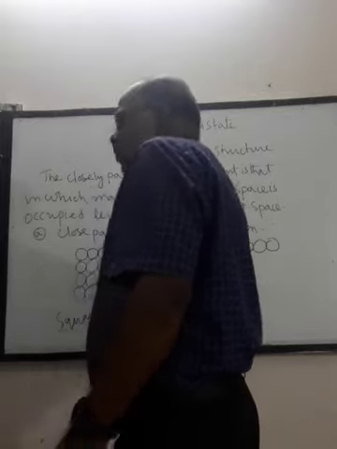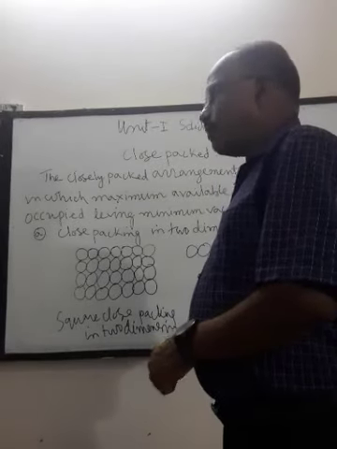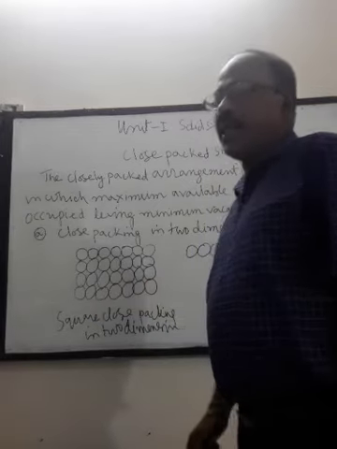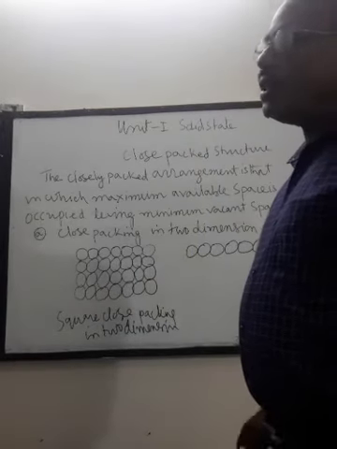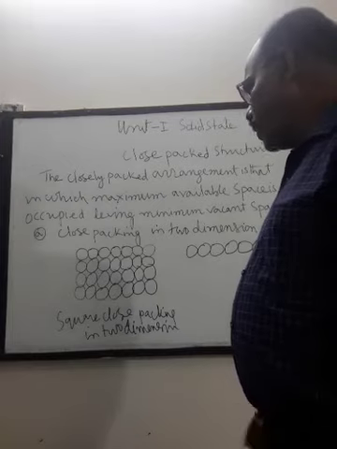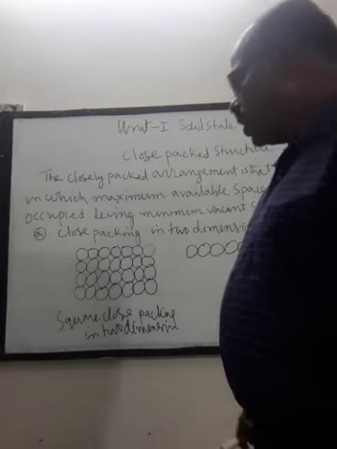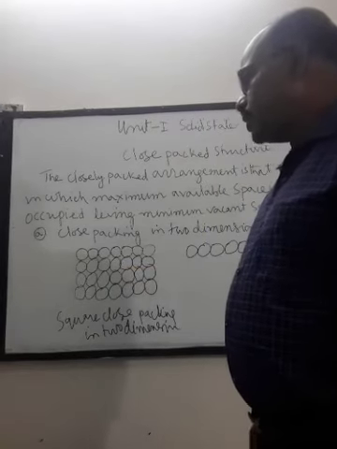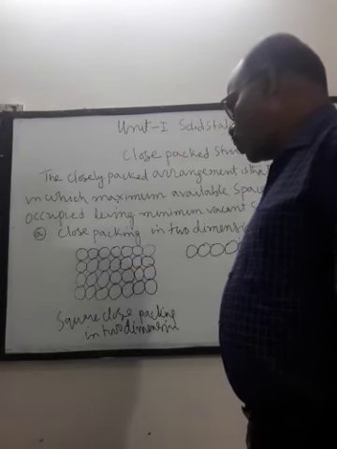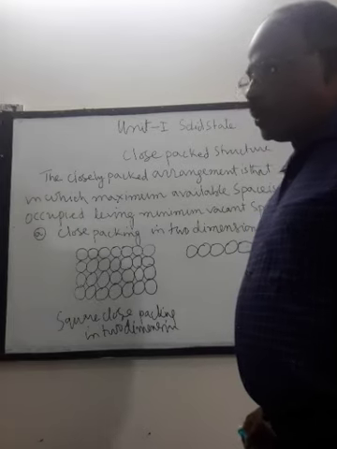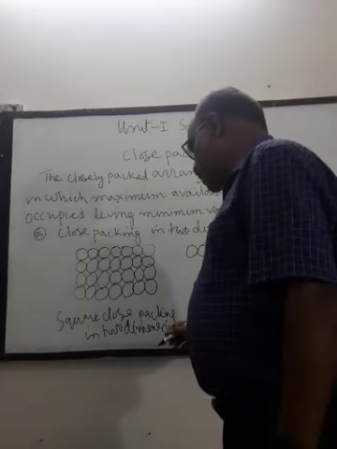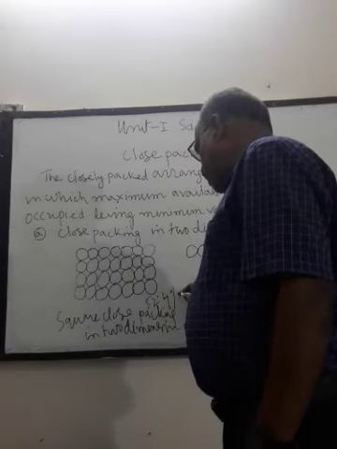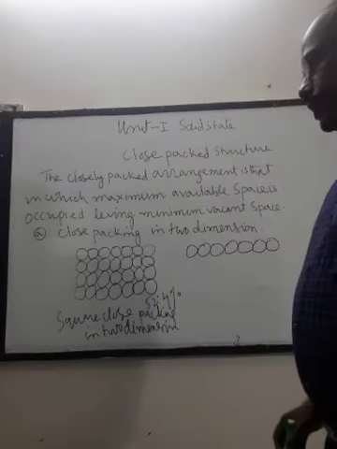In case of square close packing in two dimension, there is horizontal as well as vertical alignment. So if any arrangement of packing in two dimension has horizontal as well as vertical alignment, then such close packing is called square close packing in two dimension. In this case 52.4% of available space is occupied.